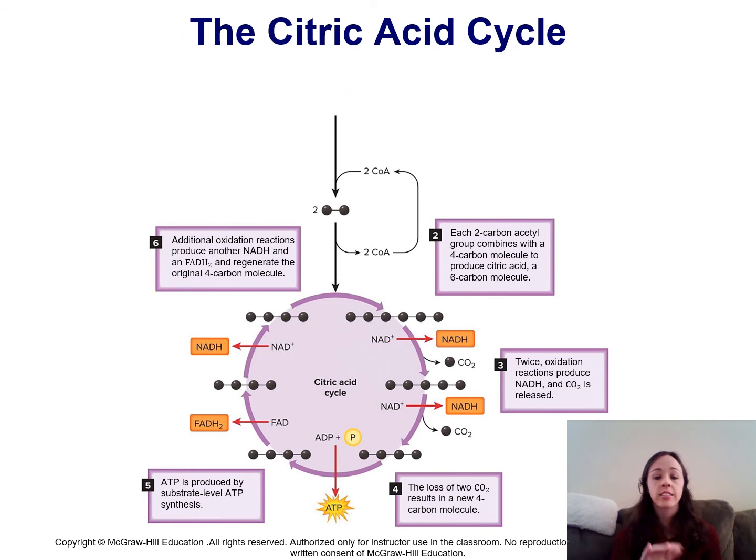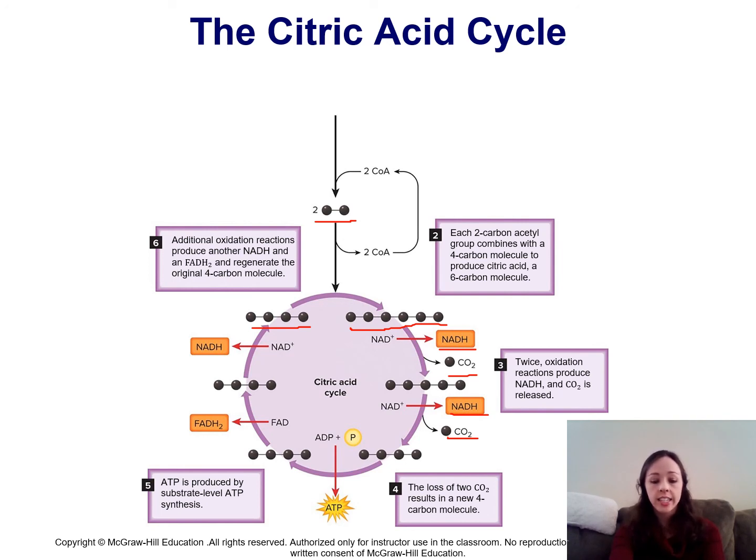So here we have the entire process of the citric acid cycle. We have our acetyl-CoA right here, which will attach to a 4-carbon molecule, making a 6-carbon molecule. It will be oxidized twice, which releases 2 NADHs here, and then 2 carbon dioxide molecules. So we end up with a 4-carbon molecule again.